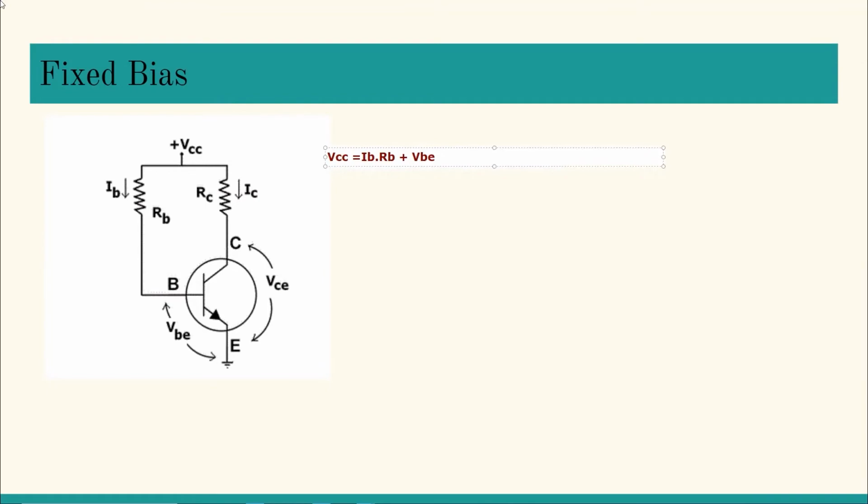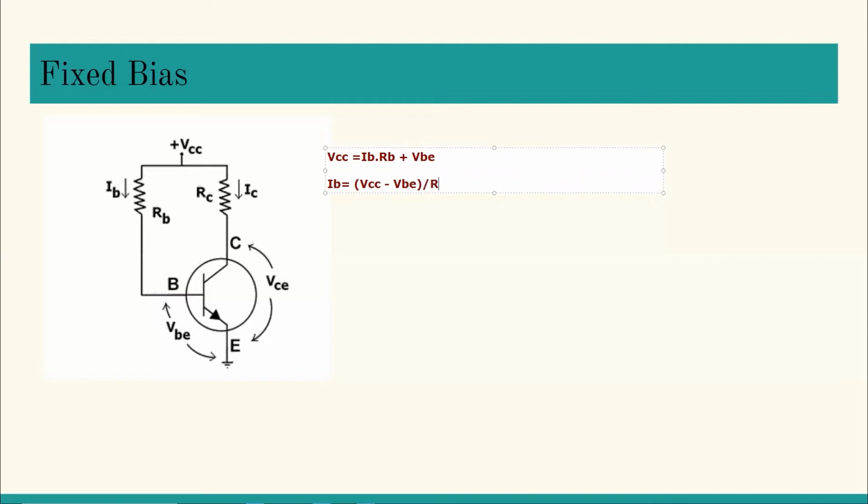Now I can write IB is equal to, I will bring IB to one side and all the other terms to the other side. So it is going to be VCC minus VBE, in a bracket, divided by RB.